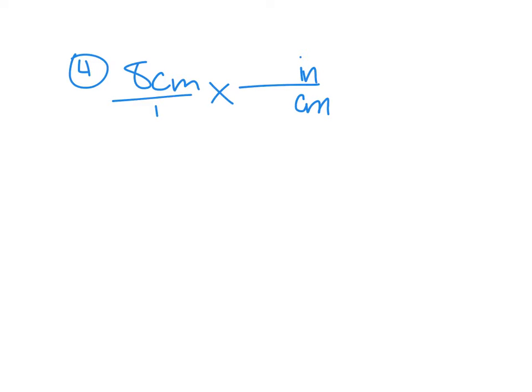All right, let's do number 4. This is all on your own. I hope you guys are doing it. 8 centimeters. And then we're changing it to inches. So inches is going to go on top, centimeters on the bottom. So how many centimeters are in an inch? 2.54. Yep, so I'm putting 2.54 here and 1 inch on top.